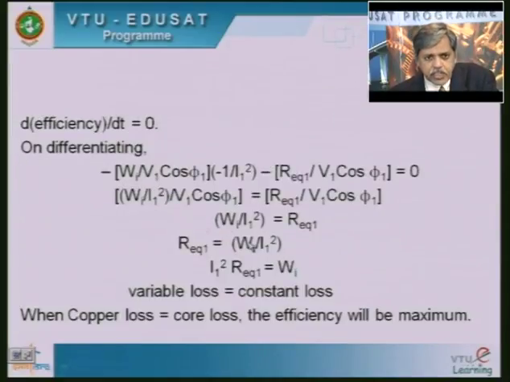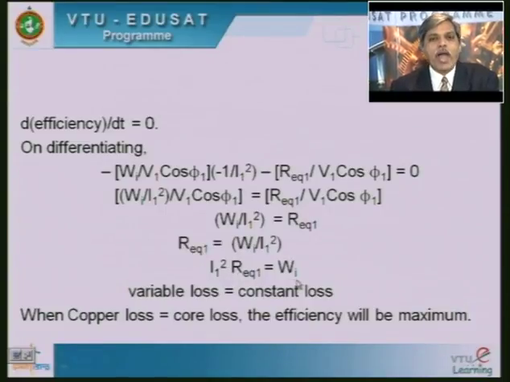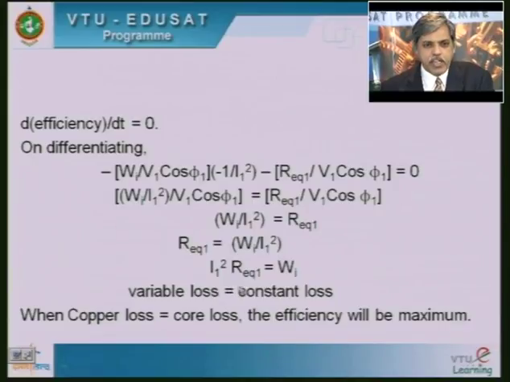If I differentiate the two terms, the first term will give minus 1 divided by I1 square, and the second term, the differential of I1, is 1. By simplifying this equation, I get the condition that I1 square R equivalent 1 should be equal to Wi. What is this I1 square R equivalent 1?